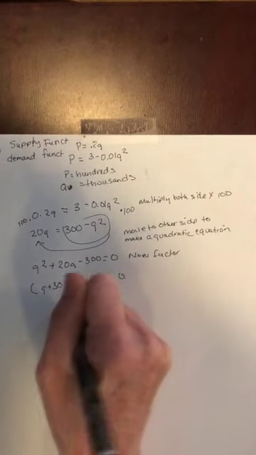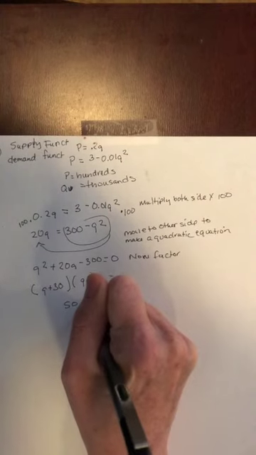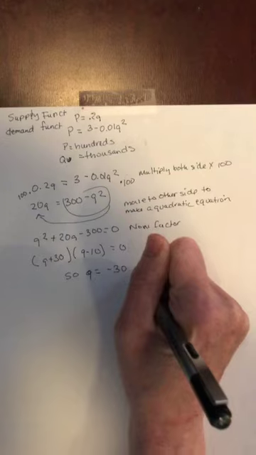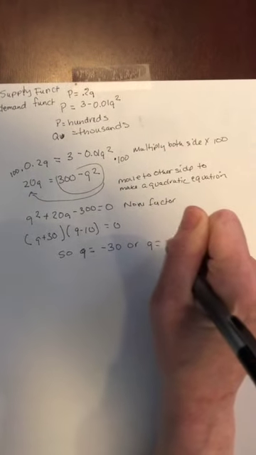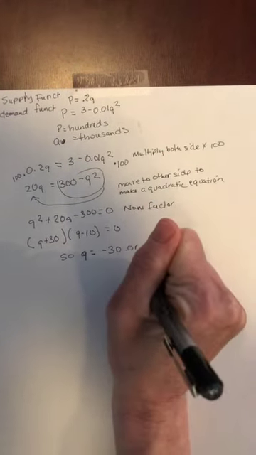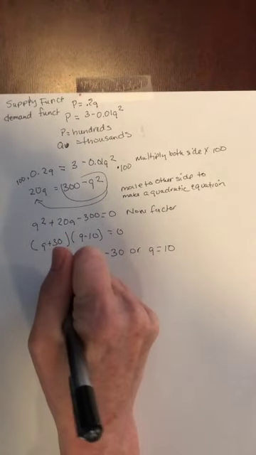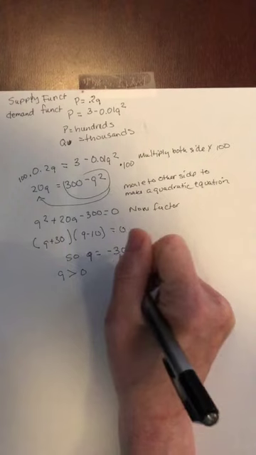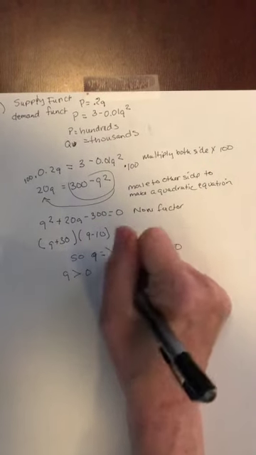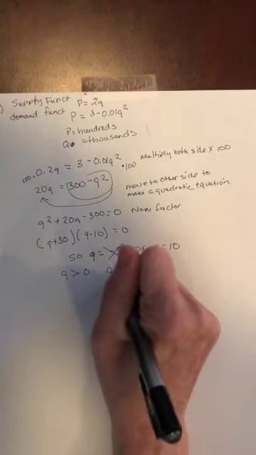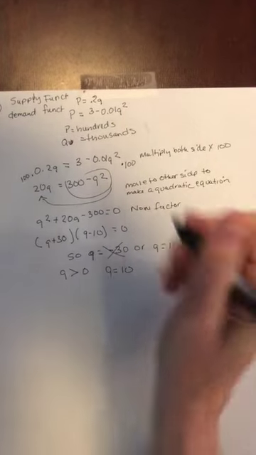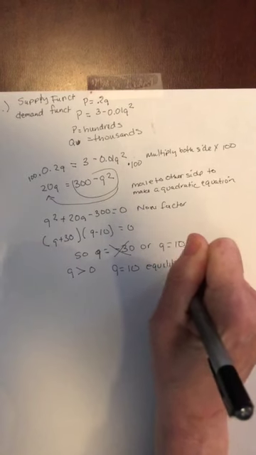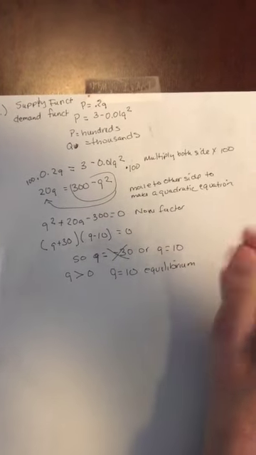So that means that Q is either equal to negative 30 or Q is equal to positive 10. And we know that Q is greater than 0, so Q equal to negative 30 is not going to work. So Q is equal to 10 is our answer to the equilibrium quantity.